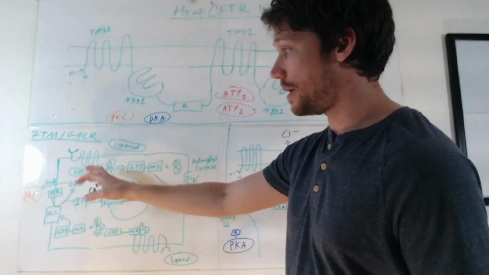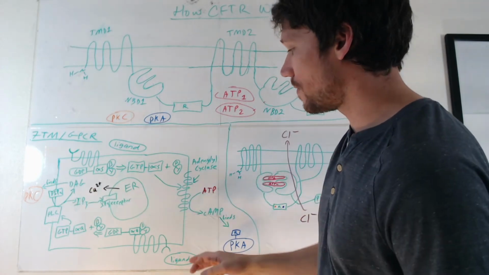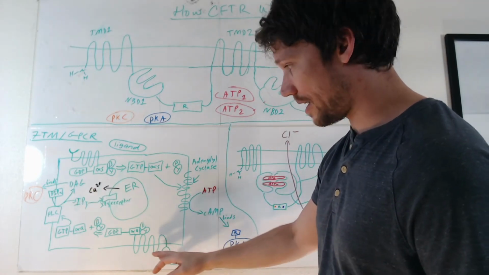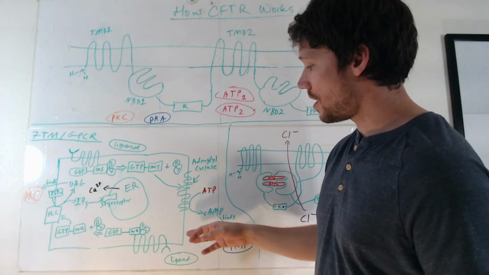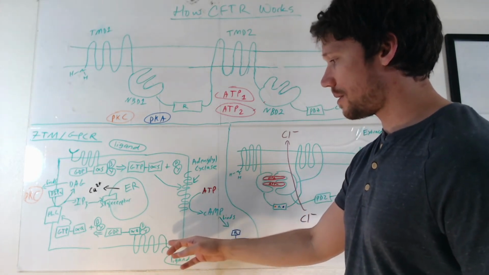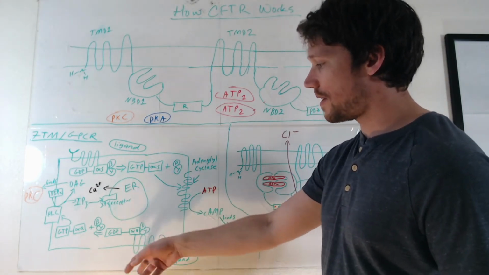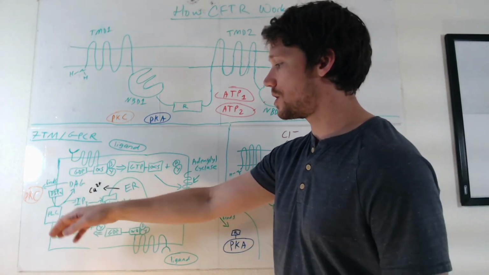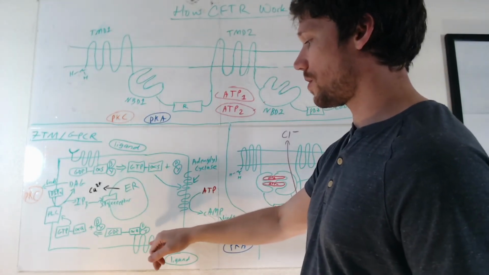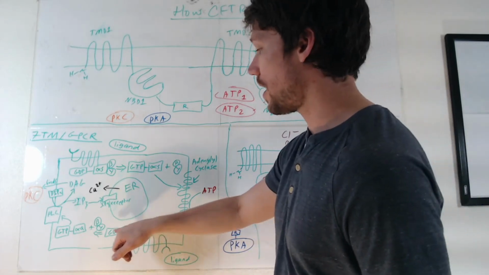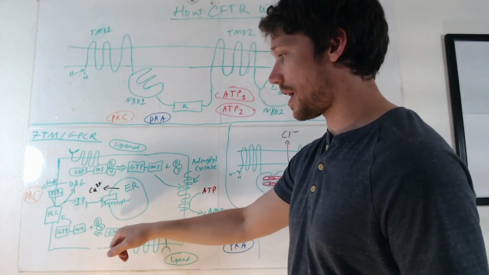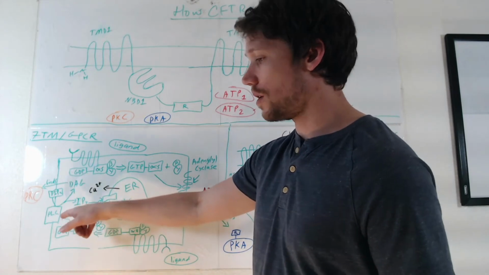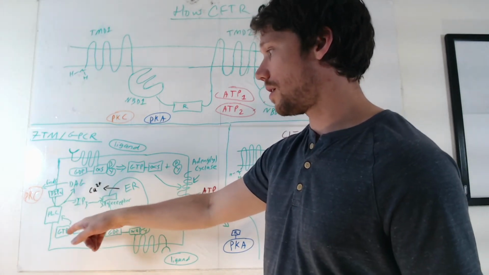Moving on to PKC's activation, we have a very similar thing where the ligand, like the ones we discussed earlier, comes in and binds to the receptor site, thus cleaving off GDP, allowing GTP to be added on, which then splits the alpha subunit off from the beta and gamma subunits and it moves over to PLC.